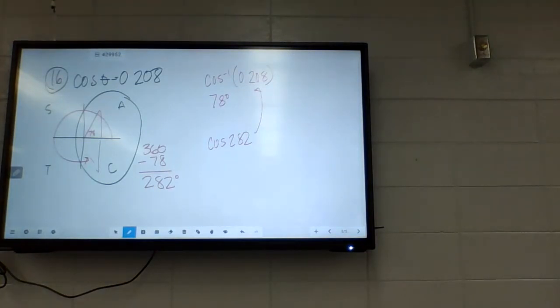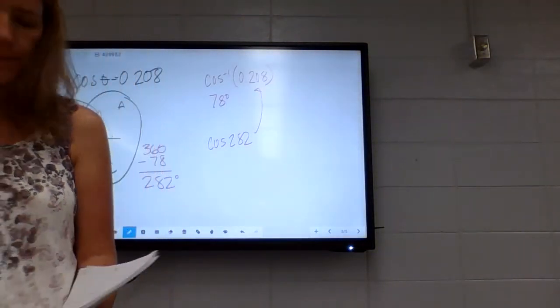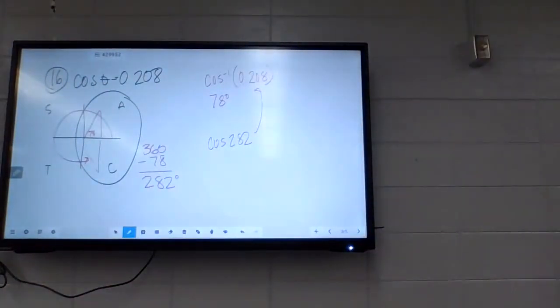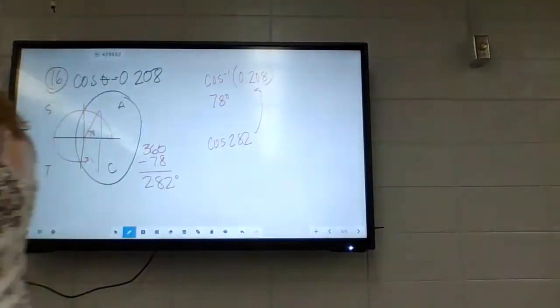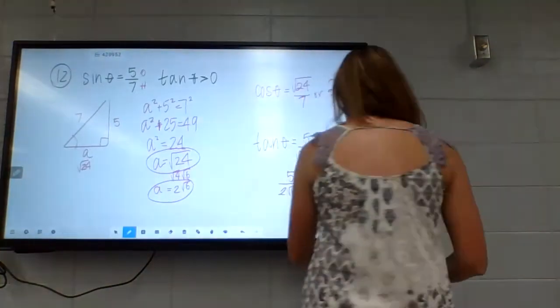Now for the warm-up, I want you guys not to use your graphing calculator. Again, for this warm-up, they want the exact value. These are all those quadrantal angles.